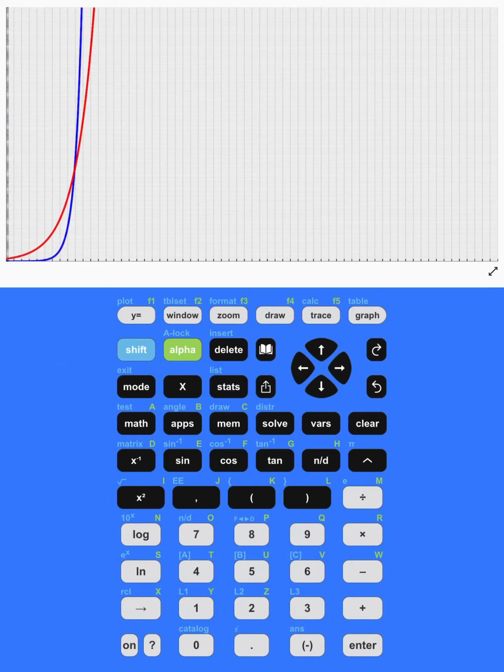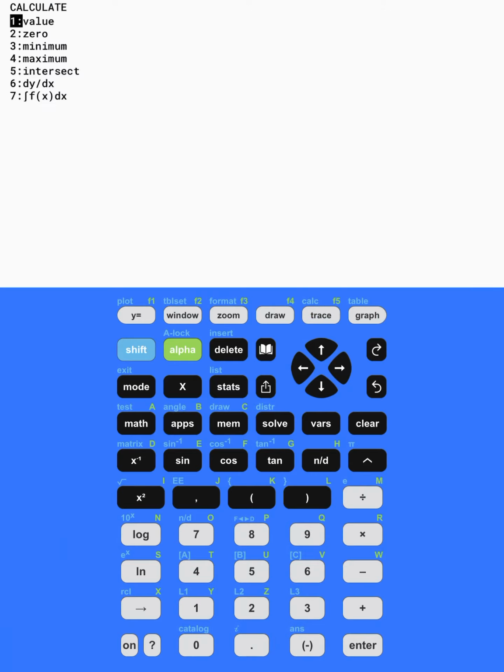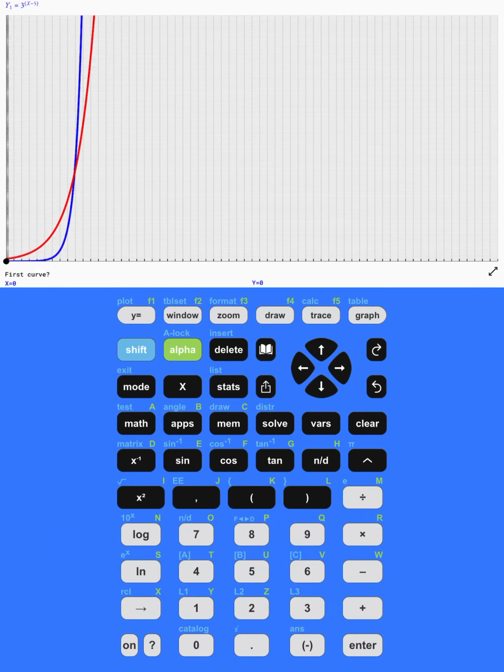So we want to graph that, and as we can see, we're trying to find the intersection. So we're going to go second trace, number 5. You're going to move your cursor until you get as close as possible to the intersection. And then you're just going to press enter 3 times. Once you press enter 3 times, that will give you the intersection.